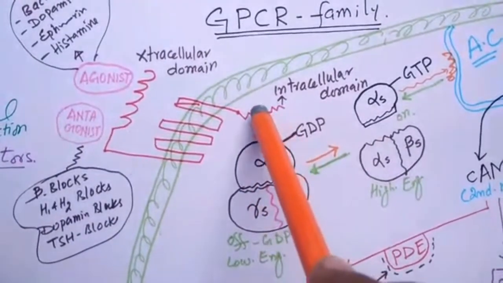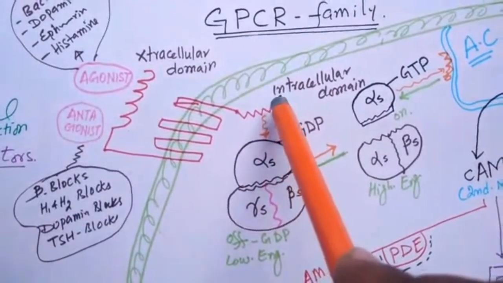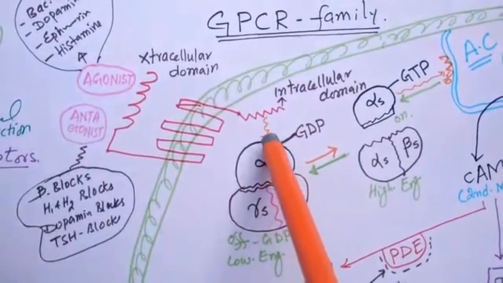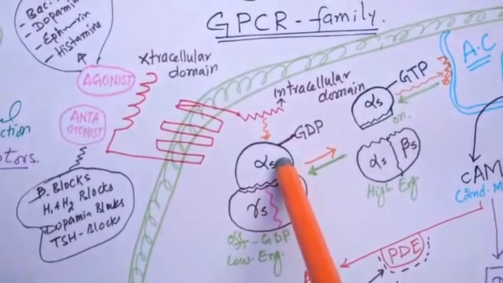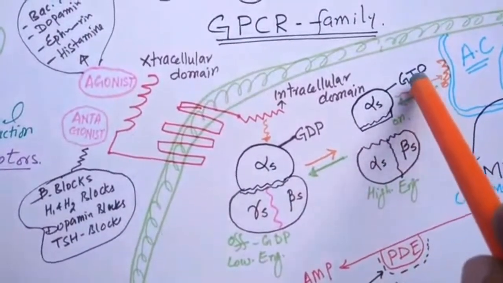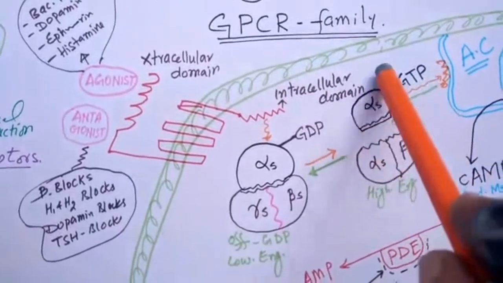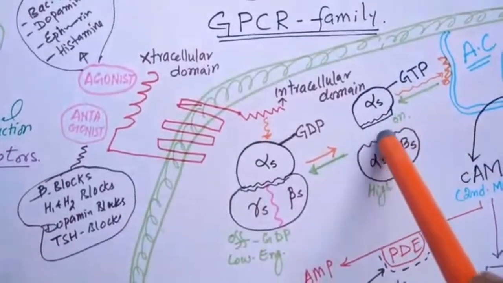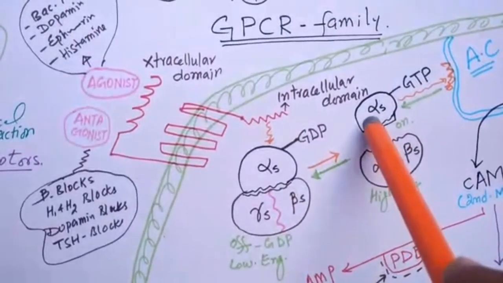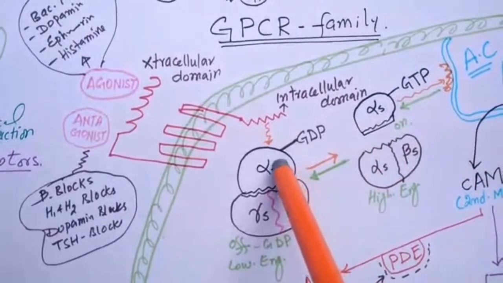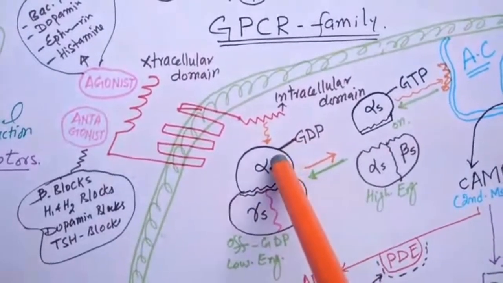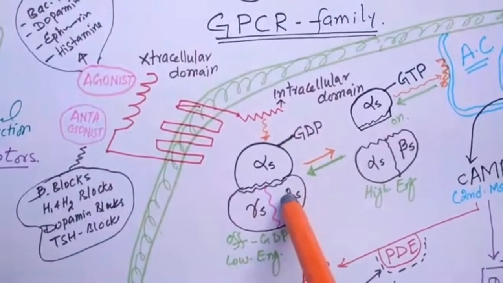But once this tail is activated, it phosphorylates this alpha S. After phosphorylation, this alpha S subunit is known as alpha S GTP, guanine triphosphate. Now this is of highest energy, and after getting energy, the conformation of this alpha subunit changes in such a way that it detaches from this dimer.